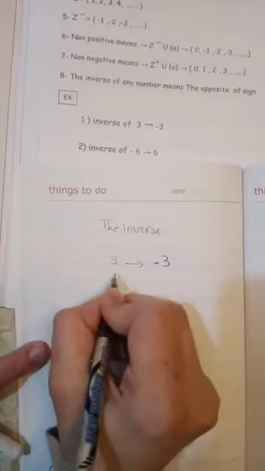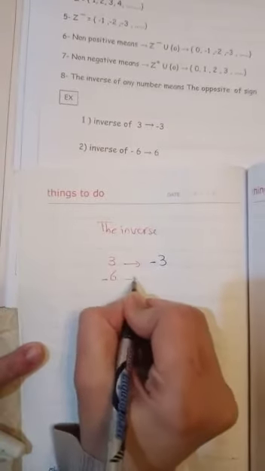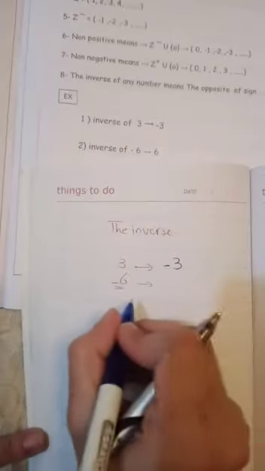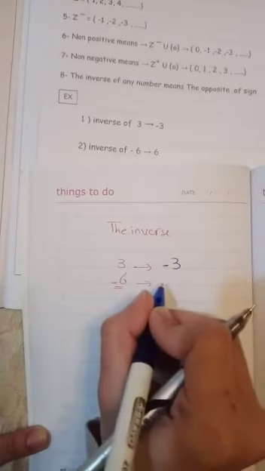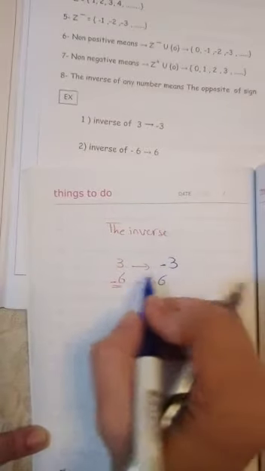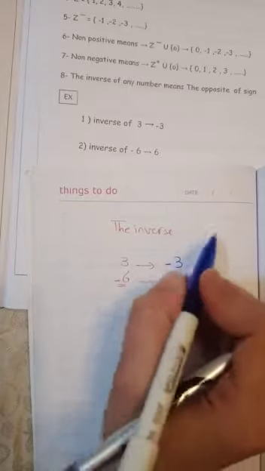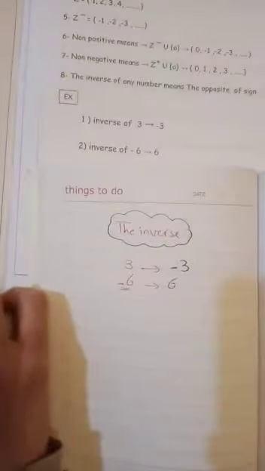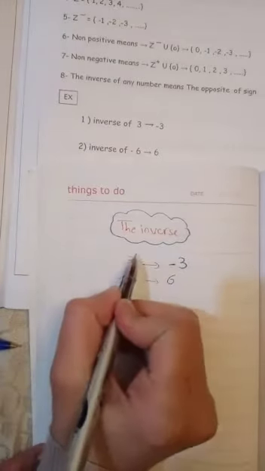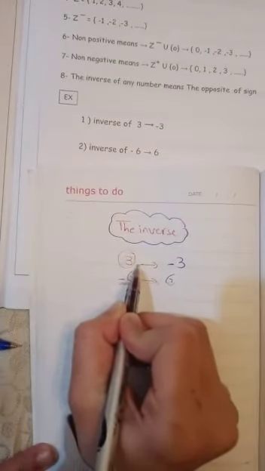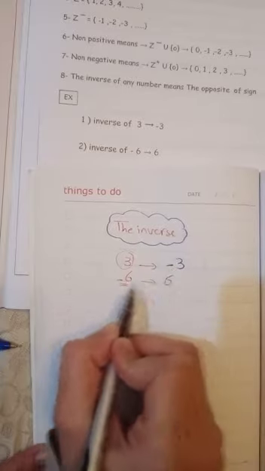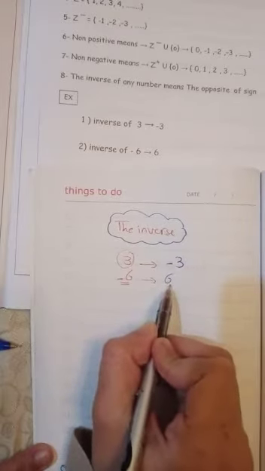The inverse of 6 is negative 6. Inverse means the opposite in sign. If we have a positive number, its inverse is negative. If we have a negative number, its inverse is positive.